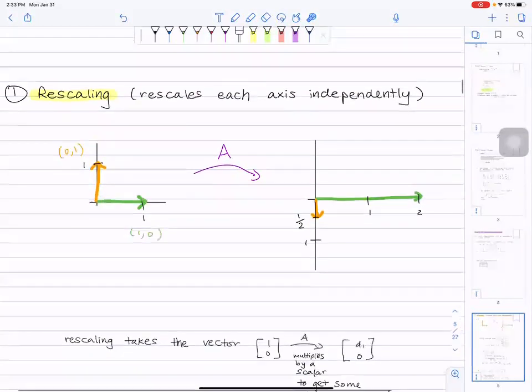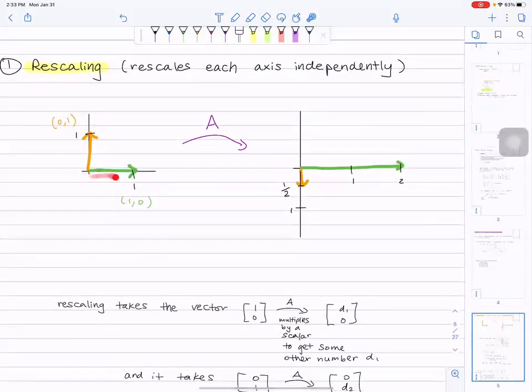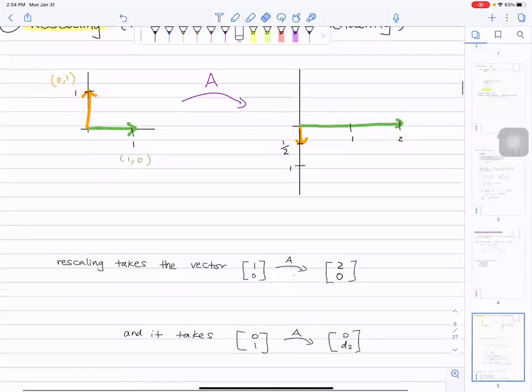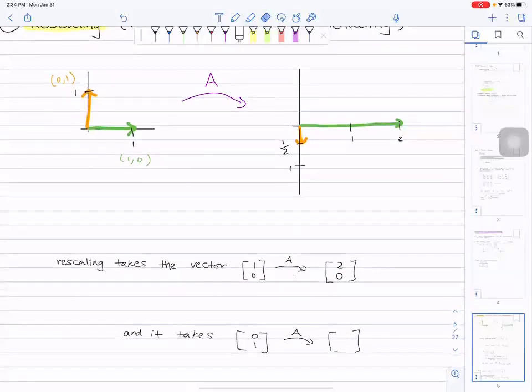First, the green one: we went from (1, 0) to specifically (2, 0). And then the orange one, we went from (0, 1) to (0, negative a half).